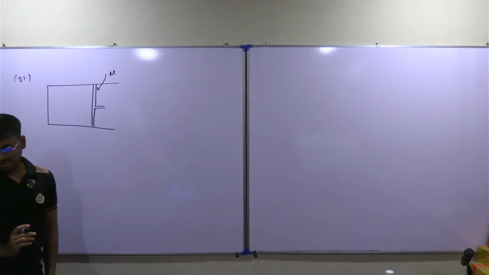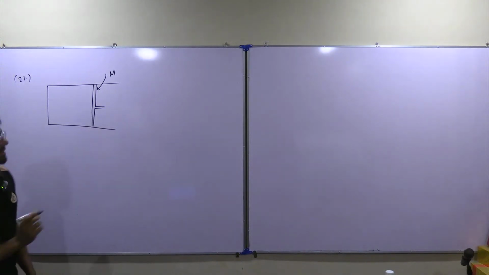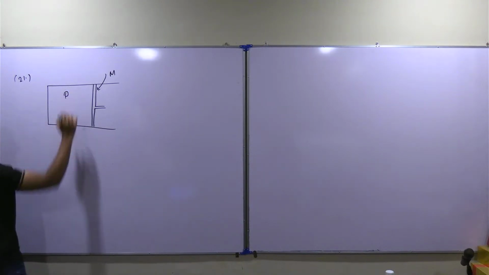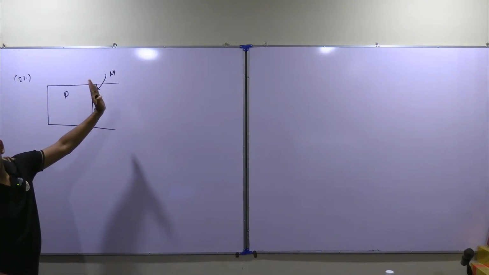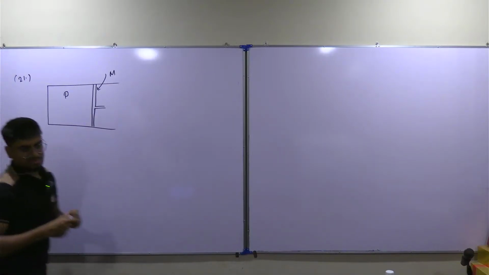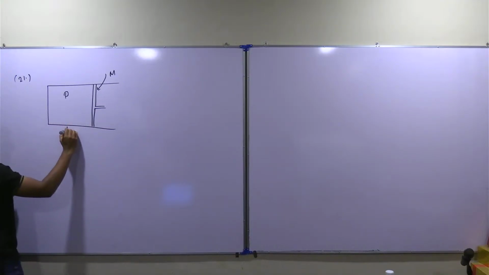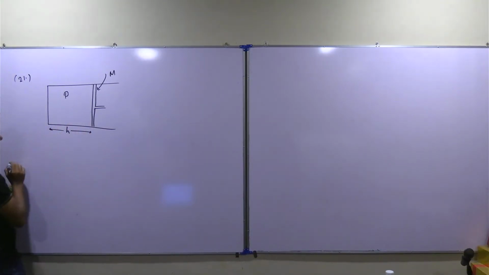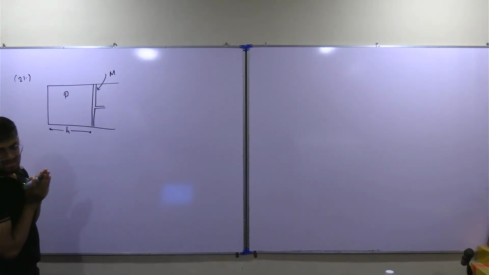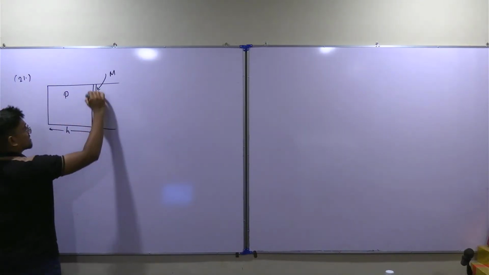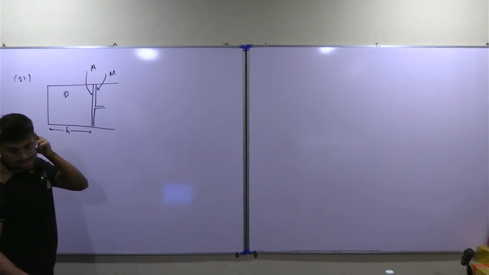They have mentioned that at the equilibrium position, the pressure inside the tube is P. Let's say this is the equilibrium position of the piston. The length of the tube, the length of the air column, is H at the equilibrium position, and the cross-sectional area of this piston is capital A. Those are the data.